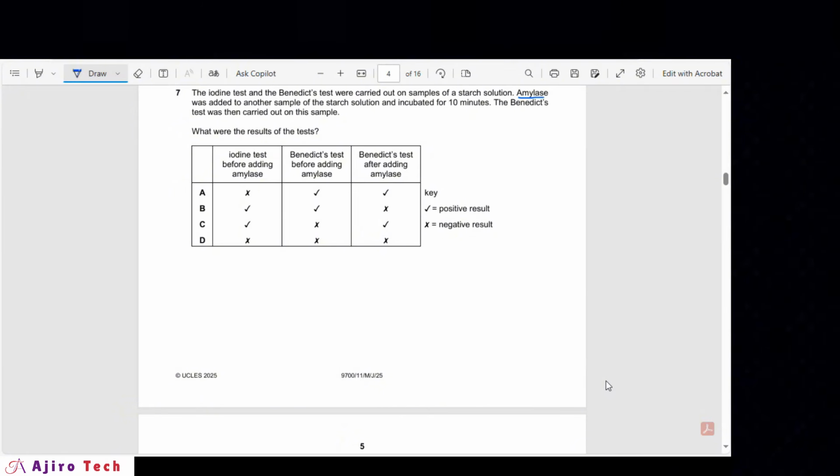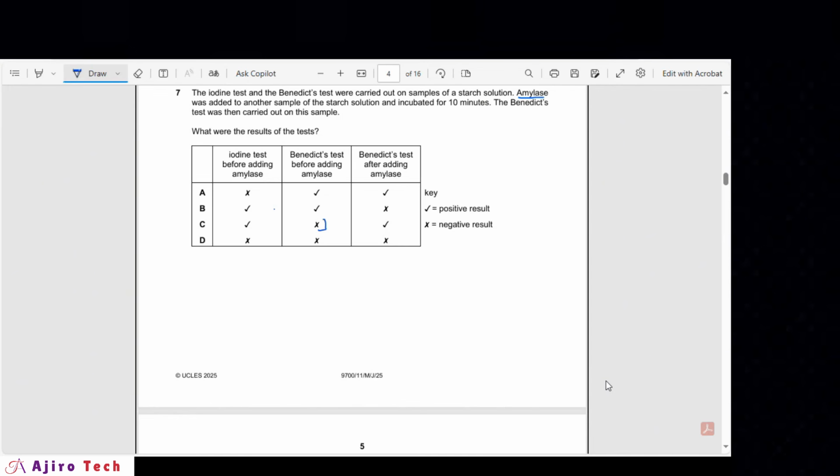So before adding amylase, if you carry out the iodine test, you're going to have a positive result. But for the Benedict test before adding amylase, because it's only starch you have there, and starch is not a reducing sugar, you're going to have a negative result. So this looks like the answer. Now the Benedict test after adding amylase.